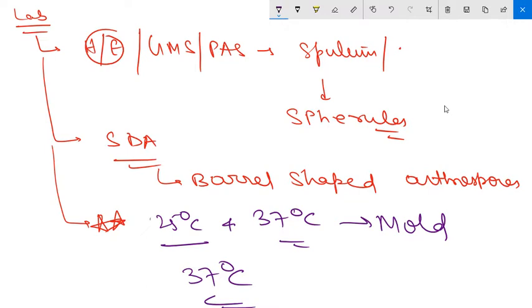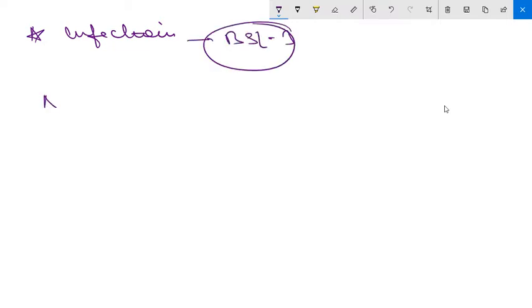So this is a unique feature of this dimorphic fungus. Now cultures are highly infectious, so they may lead to accidental inhalation of spores in the laboratory, so it requires BSL-3 precautions.